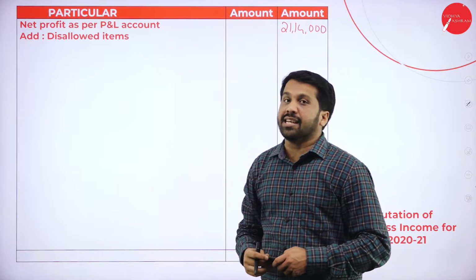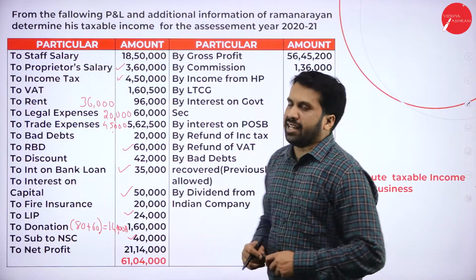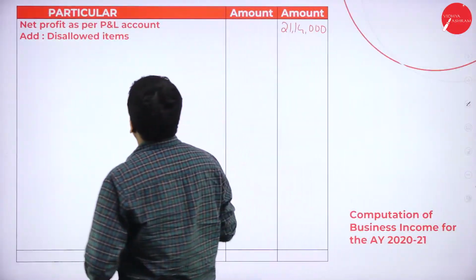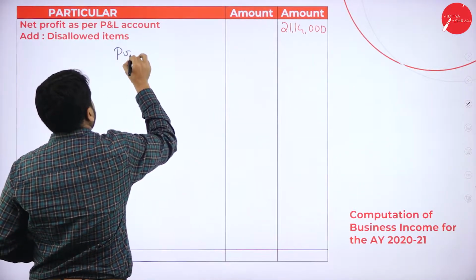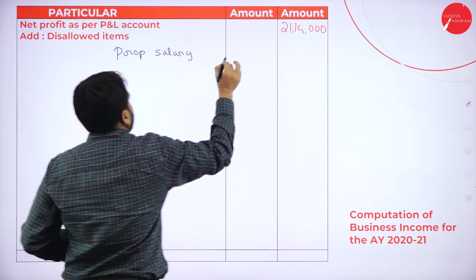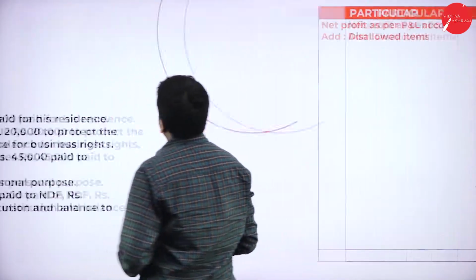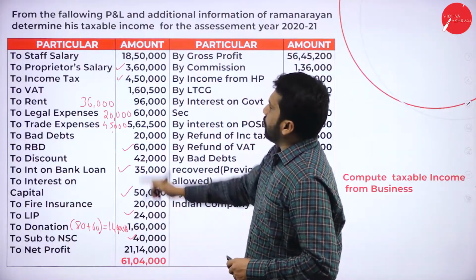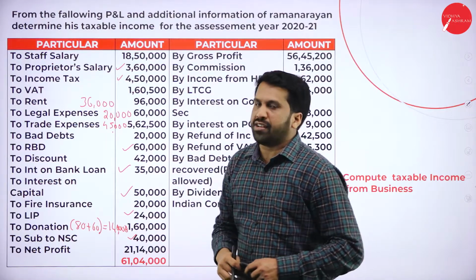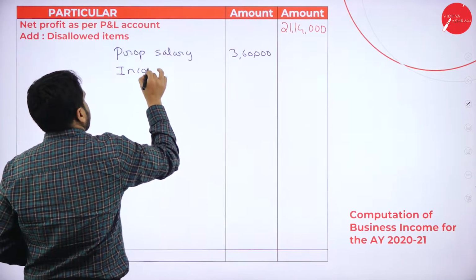Now we'll go with disallowed items. First one, proprietor's salary 3,60,000. Then we have income tax 4,50,000.